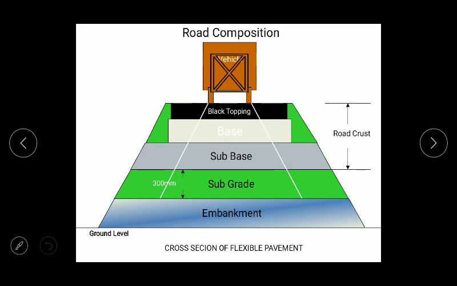Third, its stability depends on aggregate interlock, particle friction and cohesion. Fourth, pavement design is greatly influenced by the subgrade strength. Fifth, it functions by way of load distribution through the component layers. And the design for flexible pavement is as per IRC 37.